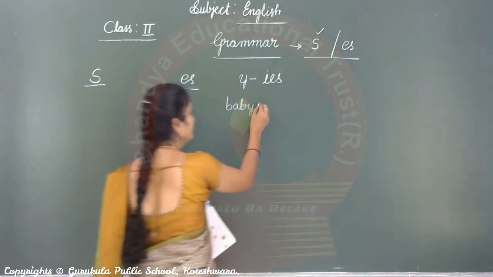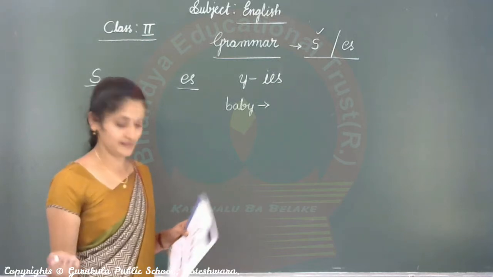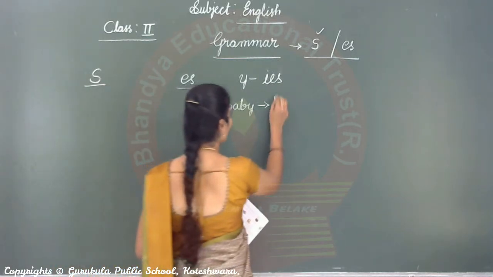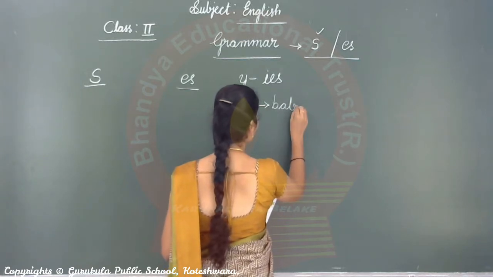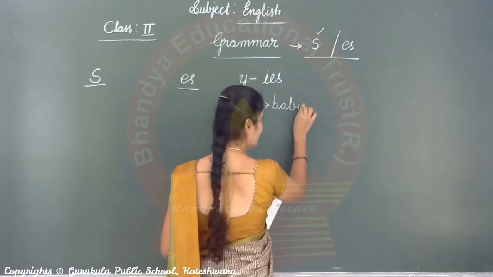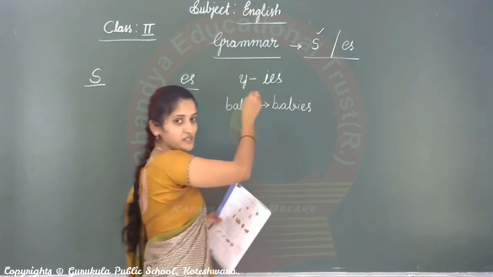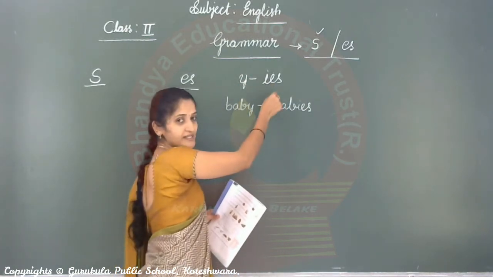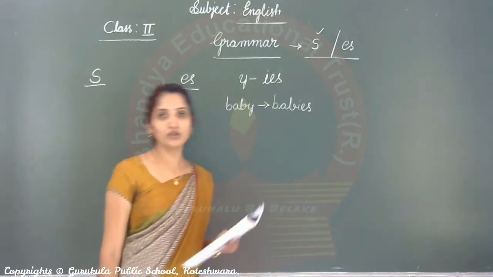Y is there. If it is more than one baby, babies, right? I remove this Y and I'll write B-A-B-I-E-S. Instead of this Y, I'll add these three letters IES for the plural form.